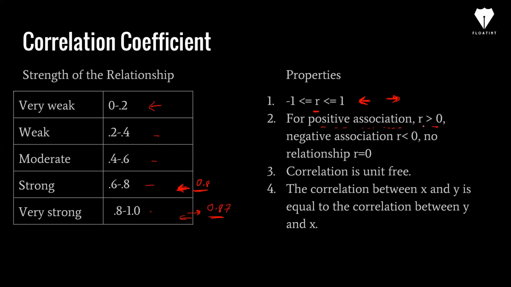It means if one variable is increasing, the other variable will also increase. The negative association is if the R value is negative, it means if your explanatory variable is increasing, then your response variable will decrease.